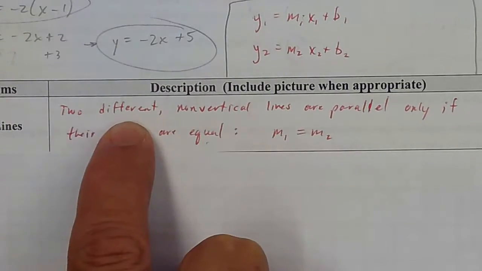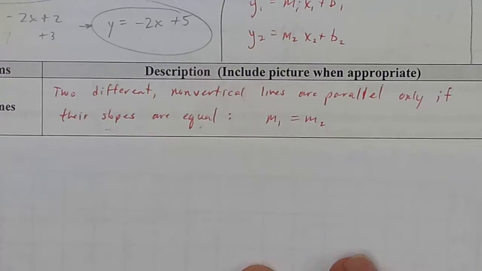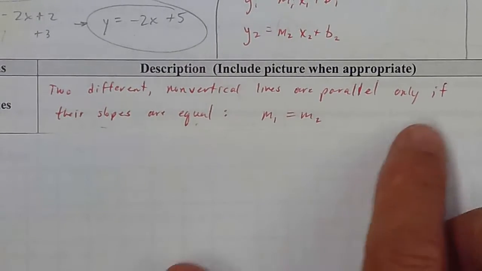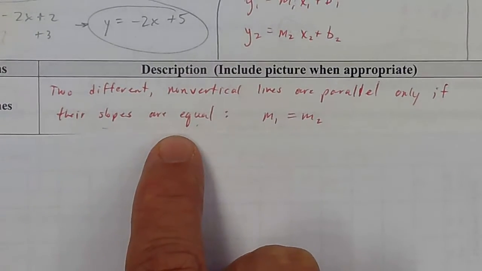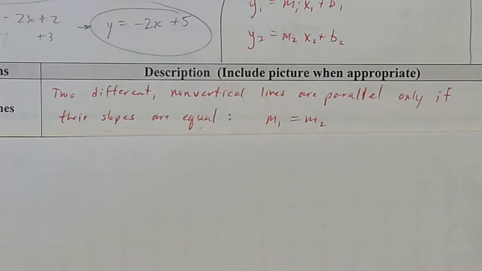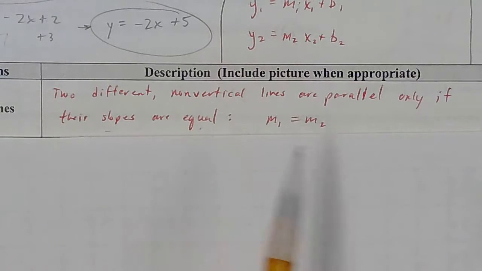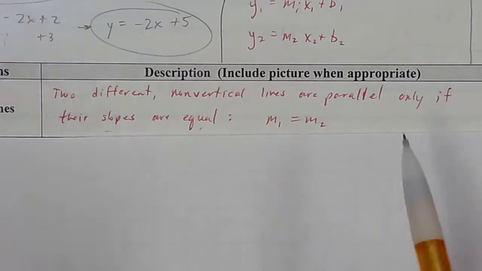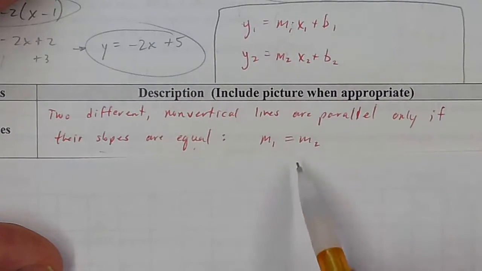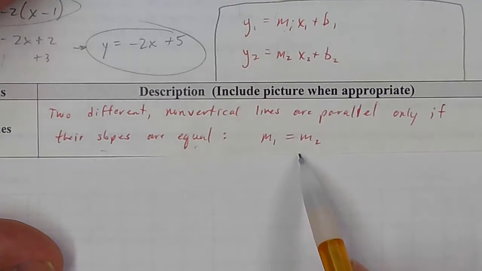So two different non-vertical lines are parallel only if their slopes are equal. They will be parallel only if their slopes are equal. If you wrote the equations down, this might make sense. If not, maybe you don't need this part. M1 has to equal M2, the numbers in front of x.